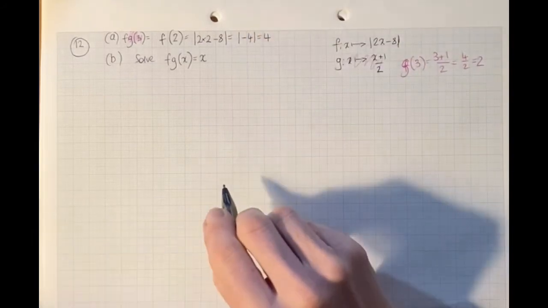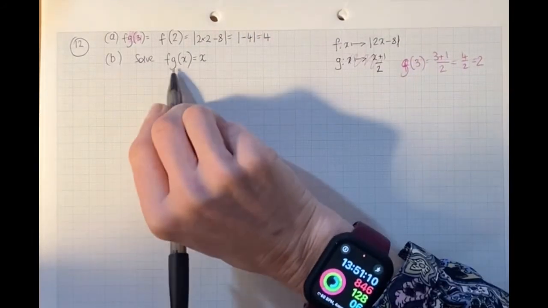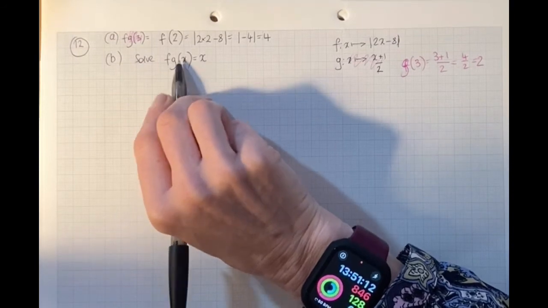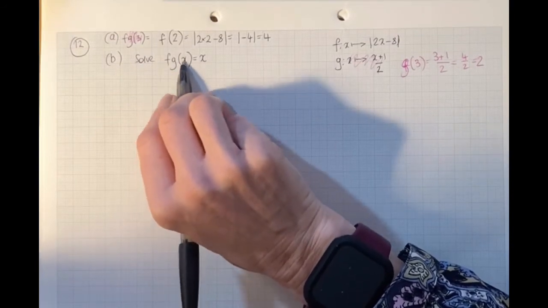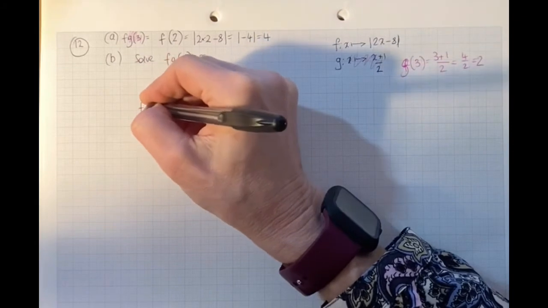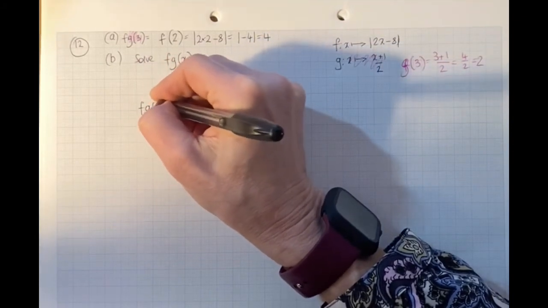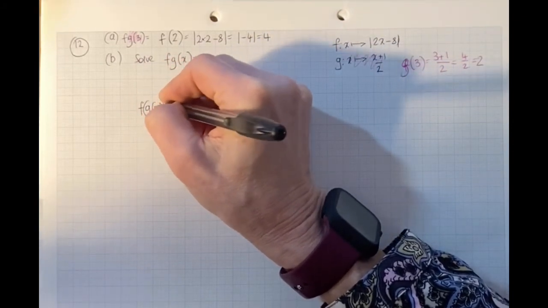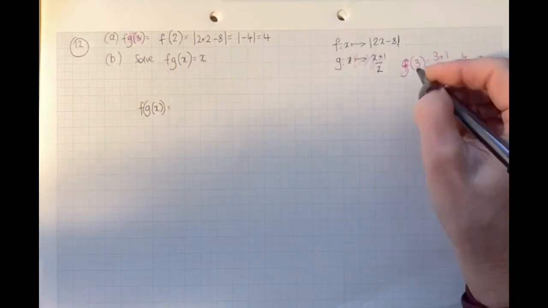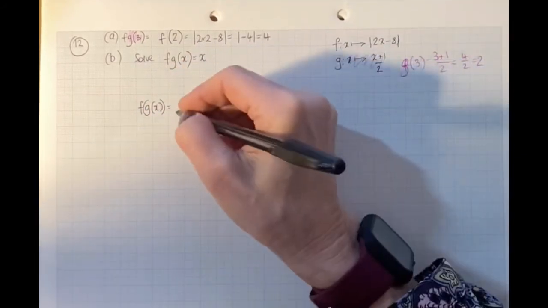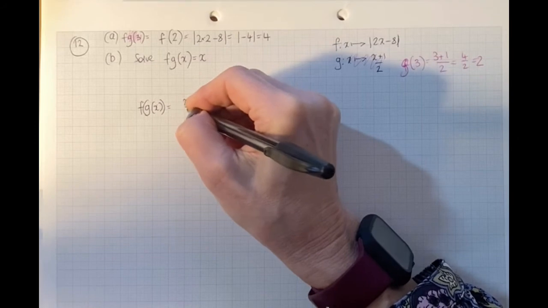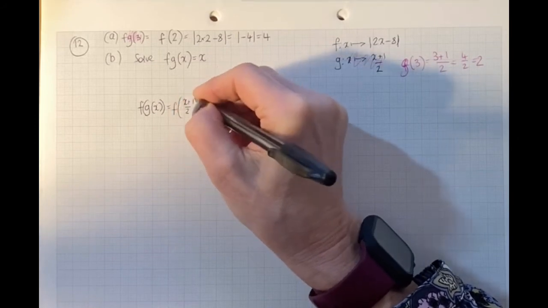The second part is solve this equation, f of g of x is equal to x. So let's find the overall function f of g of x first. Remember, that tells me to take the rule for function g, which is (x plus 1) over 2, and we are going to feed this into the function f.